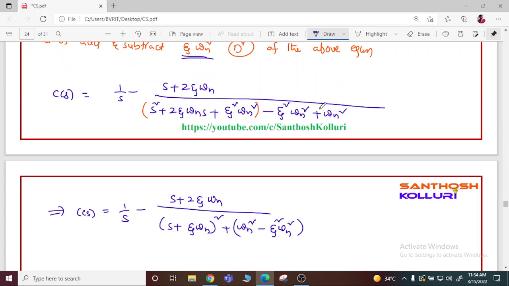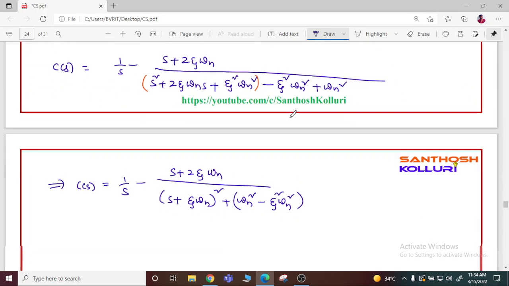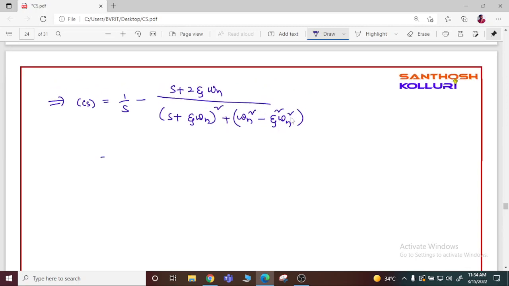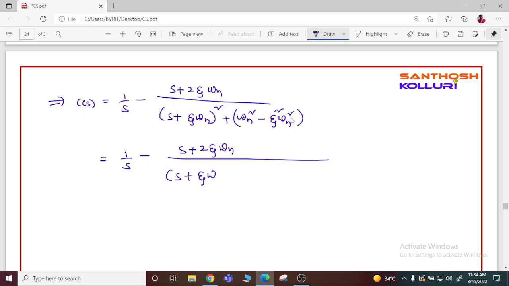From this we can take omega n square as common. So, 1 by s minus (s plus 2 zeta omega n) divided by (s plus zeta omega n) whole square plus omega n square into (1 minus zeta square).